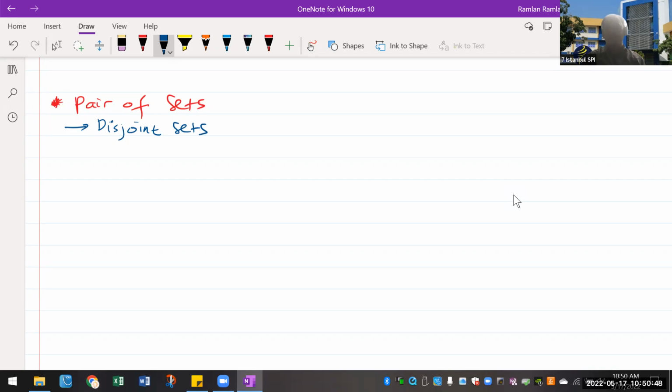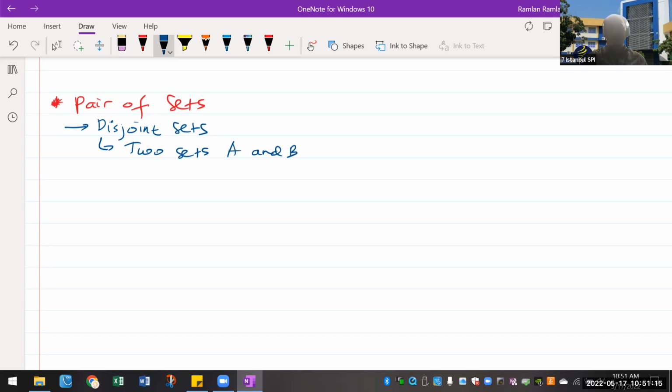Okay, so the definition, I'm gonna write down the definition for you guys. The definition of disjoint set is that two sets, bukan two sets violin ya, kalau kalian subscribe. Two sets A and B, for example, yeah, it can be B and C, any name of set.